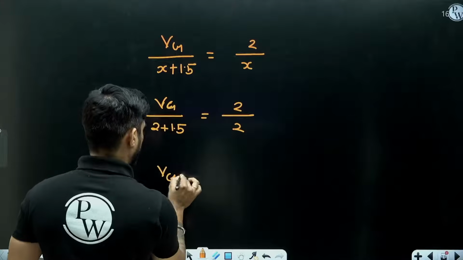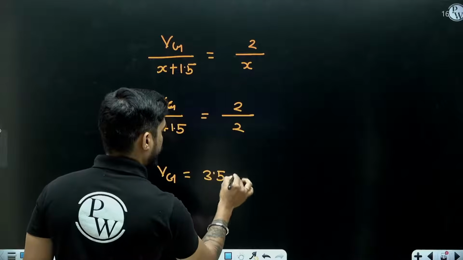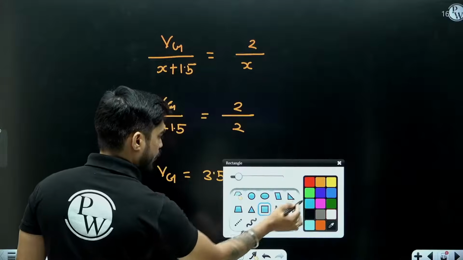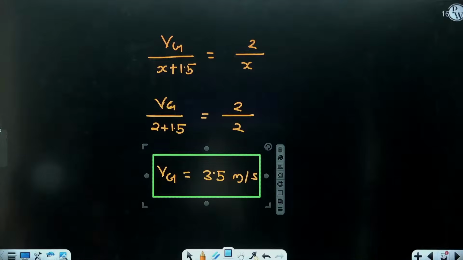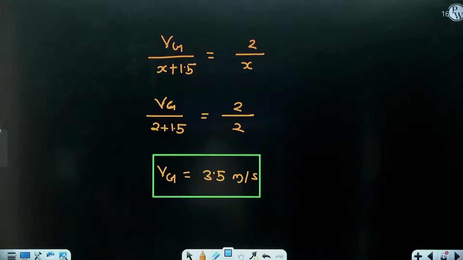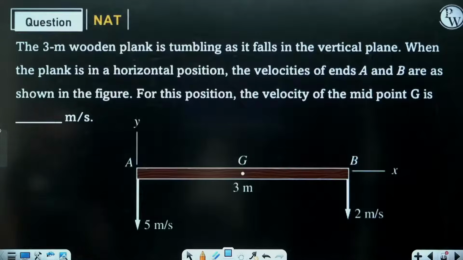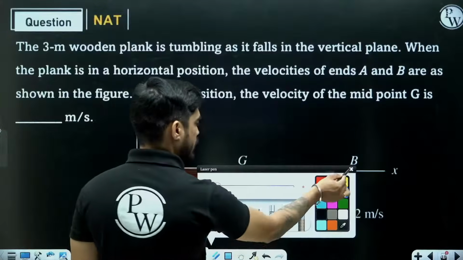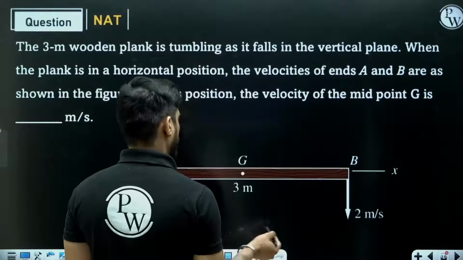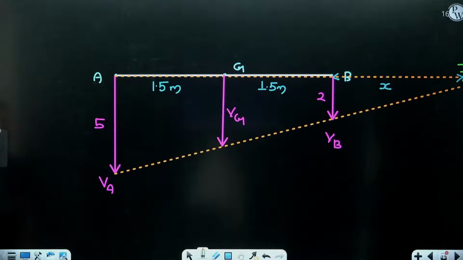So Vg will be equal to what? 2 plus 1.5, 3.5 meter per second. So this is the velocity of the center G. You can also do this. Okay, no, we have to find the eye center.